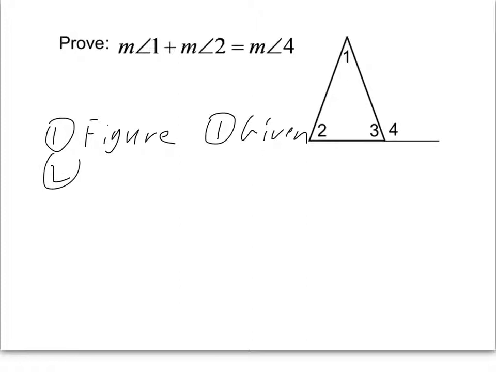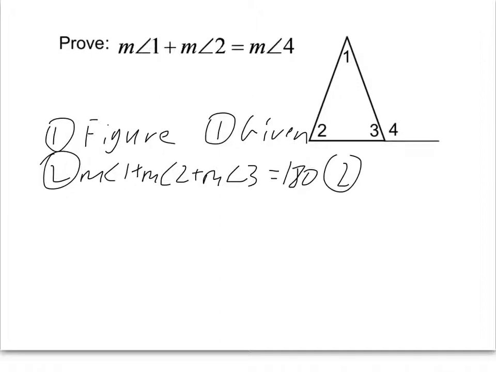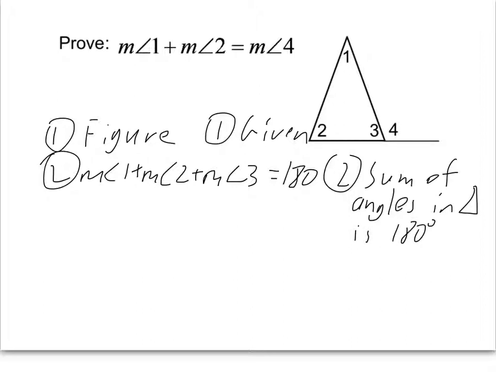And then basically what we're going to do is we're going to use some things that we know. We know, for example, that the measure of angle 1 plus the measure of angle 2 plus the measure of angle 3 is equal to 180. That's because the sum of the angles in a triangle is 180, and you can just write sum of angles in triangle is 180 degrees.